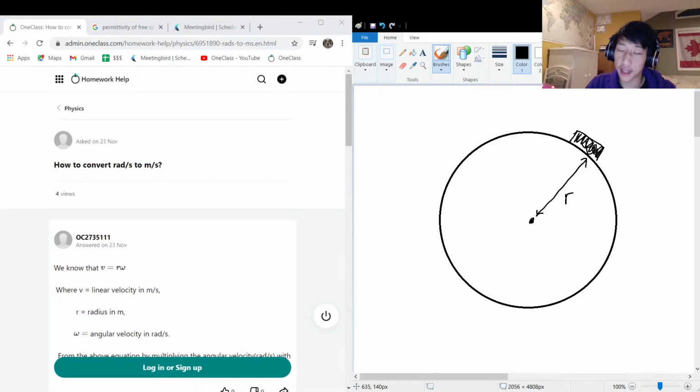Your radians per second is saying what's the change in your angular position. So I'll draw this out in a different color. This will be theta. And angular velocity omega is equal to the derivative with respect to time of theta.